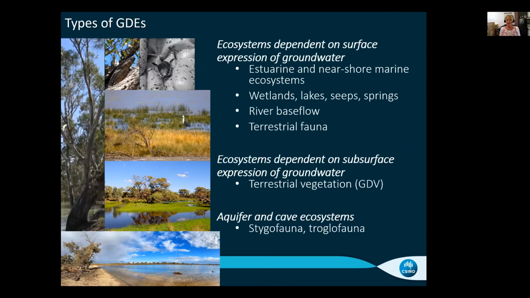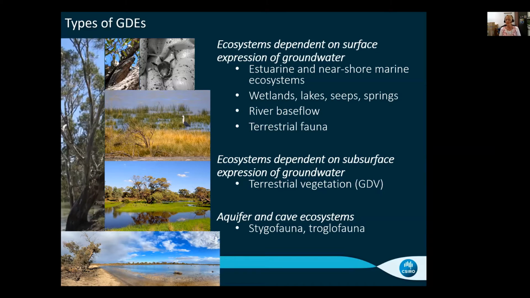So what are GDEs? In Australia, we've turned these into different types. Some are ecosystems dependent on a surface water expression of groundwater, and these include estuarine and nearshore marine ecosystems, wetlands, lakes, seeps and springs, also river base flow, the base flow in a really dry period where water might remain, is generally groundwater fed, and also terrestrial fauna.